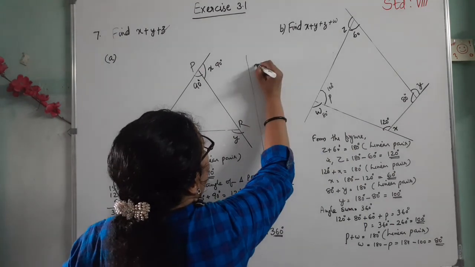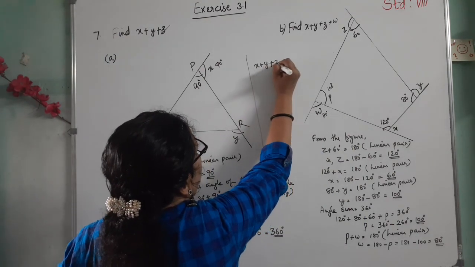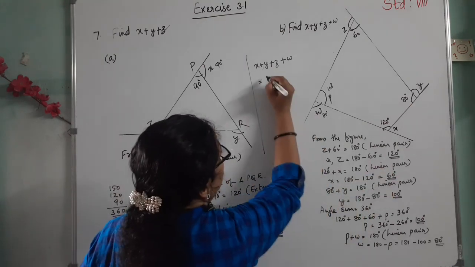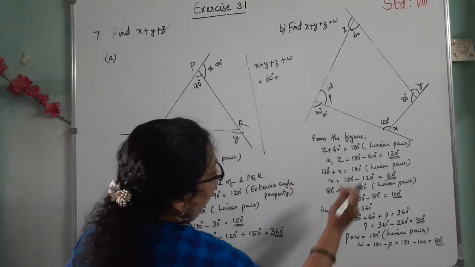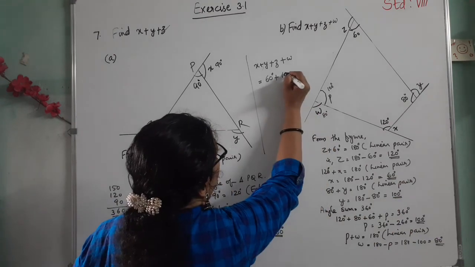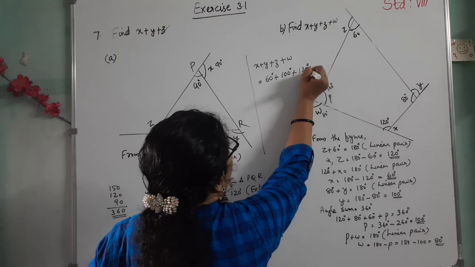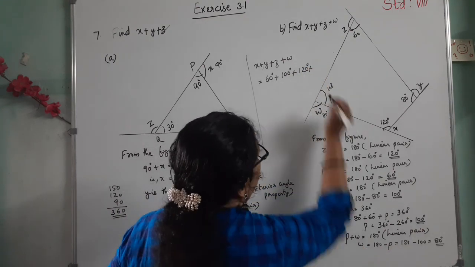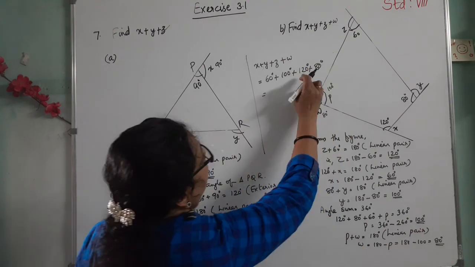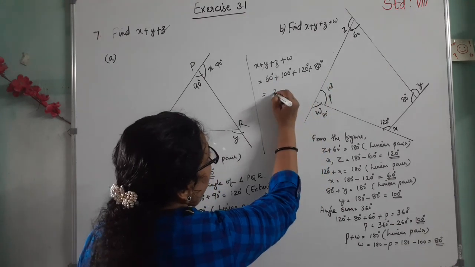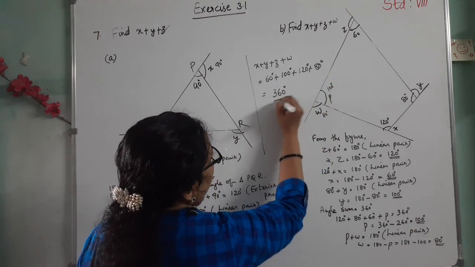Then x plus y plus z plus w equals x we get 60 degrees, plus y we get 100 degrees, plus z we get 120 degrees, plus w 80 degrees. Here 120 plus 80 is 200, then 300 plus 60 is 360.